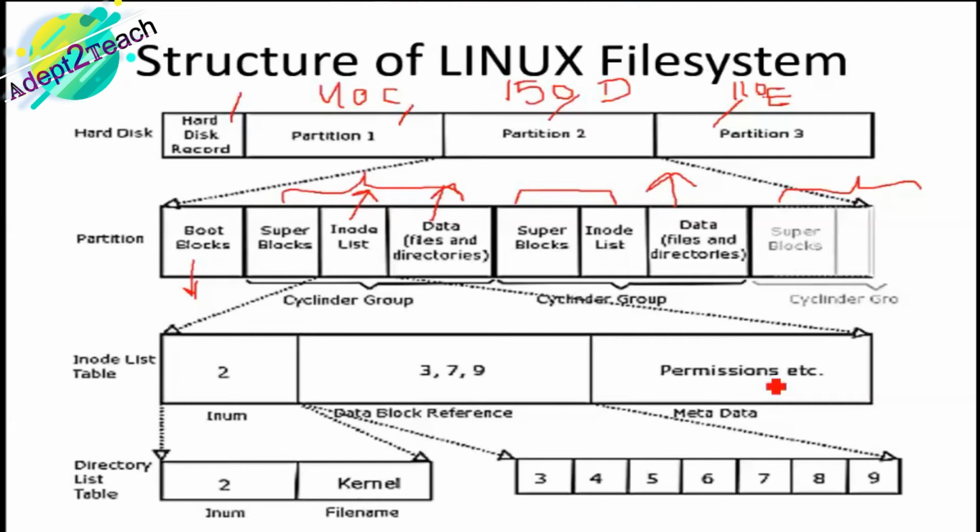This we call metadata. So all the permissions and all important information pertaining to this, like the number of free inodes that are available. Now, when I say free inodes available, that means in your entire class, you have a strength of 60. During counseling, some people got migrated to some other college.